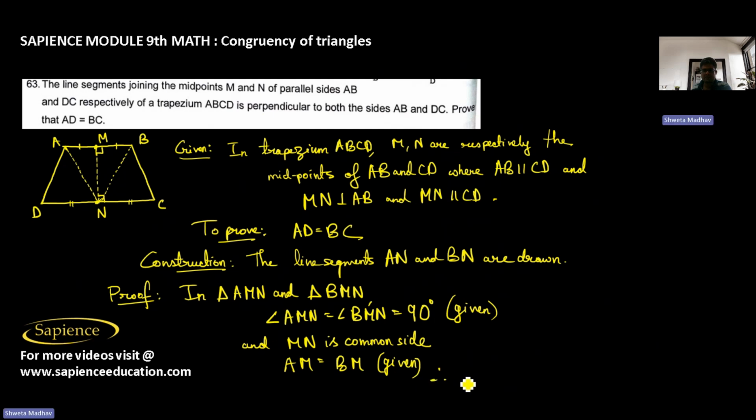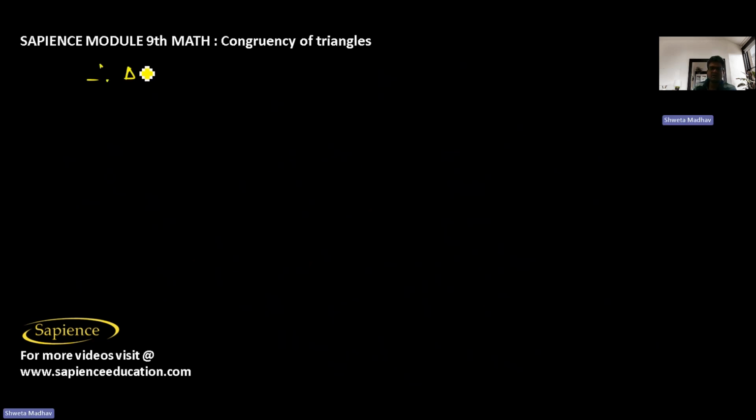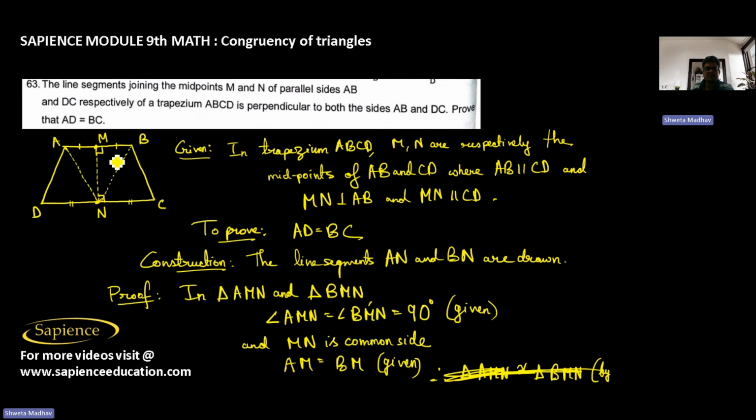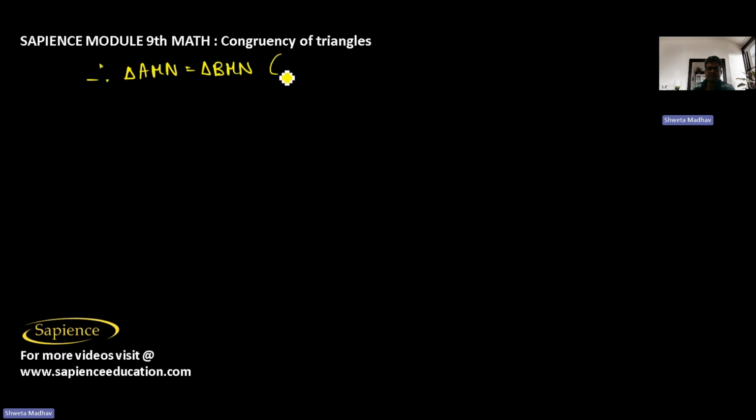So therefore, we can say that triangle AMN is congruent to triangle BMN. How? By SAS rule of congruency.